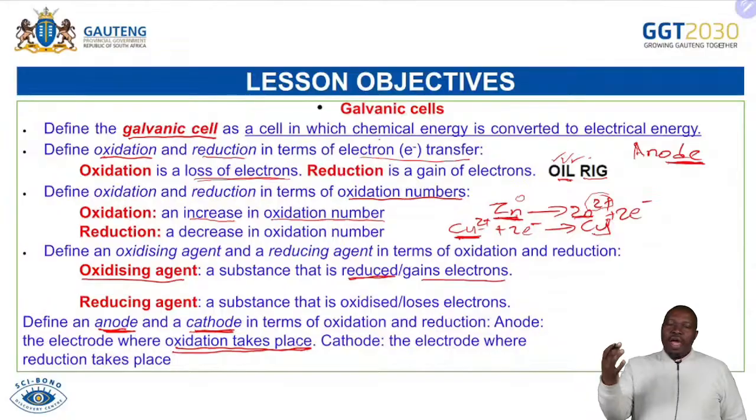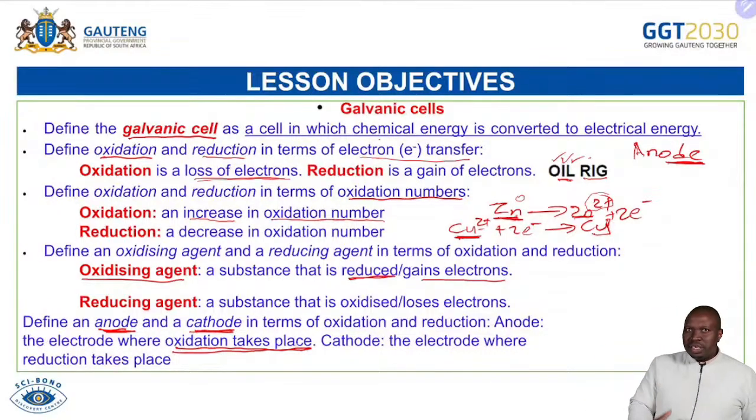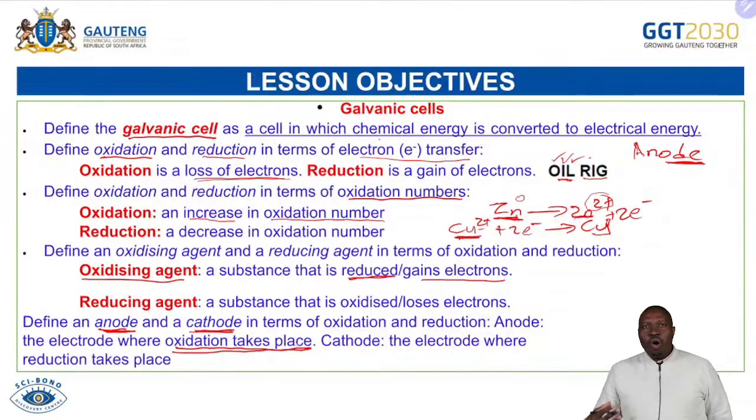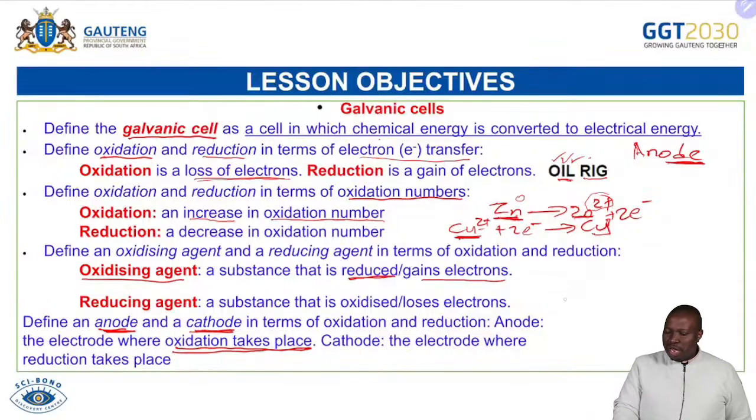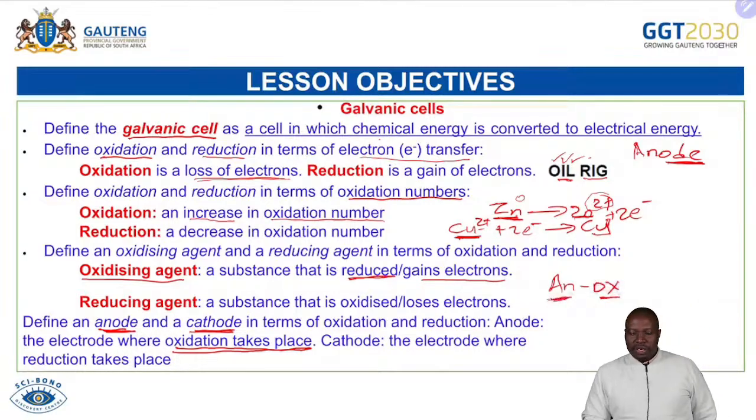It's saying where the anode is, the reaction that will take place is called oxidation. Hence we have a short form, an ox, so that you always remember that it is at the anode where oxidation takes place.